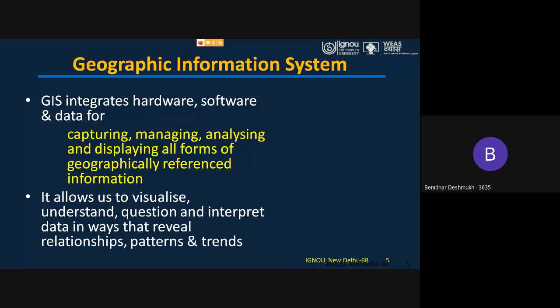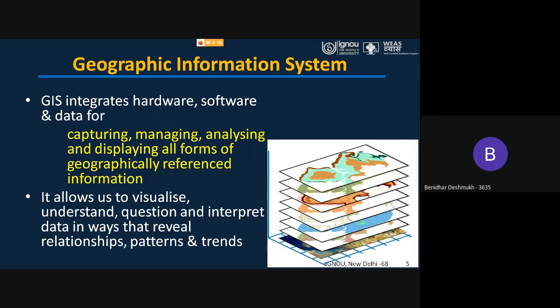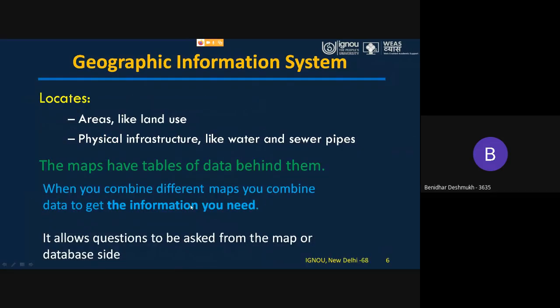It helps us to visualize, understand, question, and interpret data in ways that reveal relationships. That is the crux of GIS. It is useful for understanding relationships, patterns, and trends, and also for putting up questions for which we can try to find answers. So GIS helps us not only to locate areas, for example land use, land cover, etc., but through this we can also identify infrastructure.